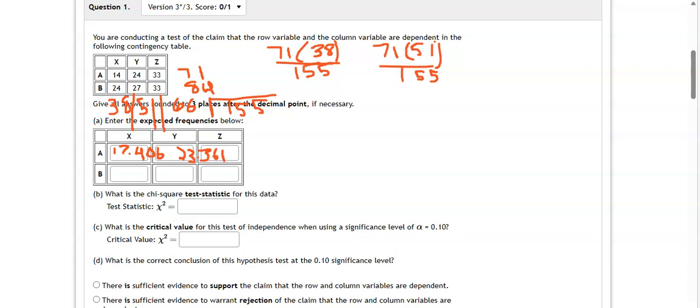All right, now I'll do this one. If I look at the 33, across from it is 71, and down at the bottom of 33 is actually the 66, just because of my writing here. That should be the total for these two columns. So it's 71 times 66 divided by 155.